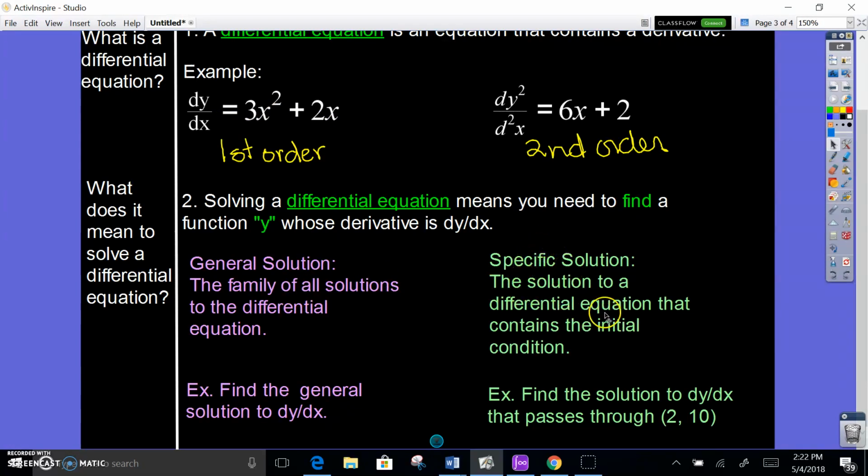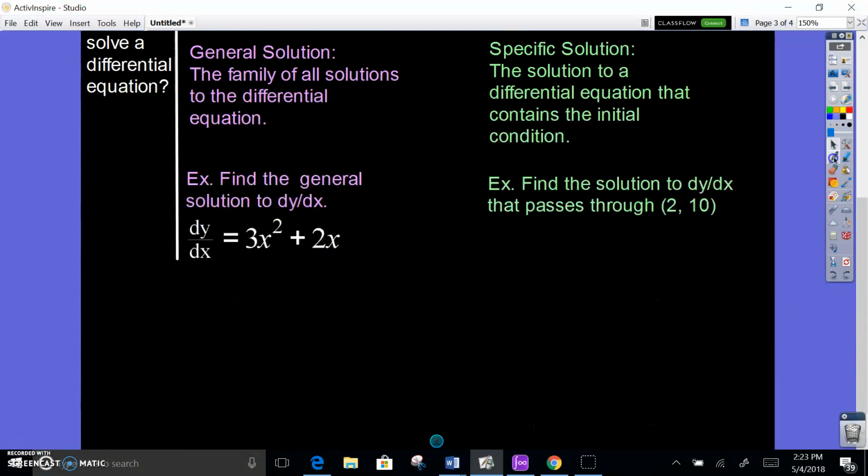A specific solution, what's going to happen is they're going to give you the equation, but they're going to give you a point. And so that means, hey, I want the answer to this problem, but it has to be specifically the one that goes through the point (2, 10). I don't want all of them. I just want the curve with this solution. And so you address those differently depending on what they ask. So we have general and then specific. I'm going to go over both of them in just a sec.